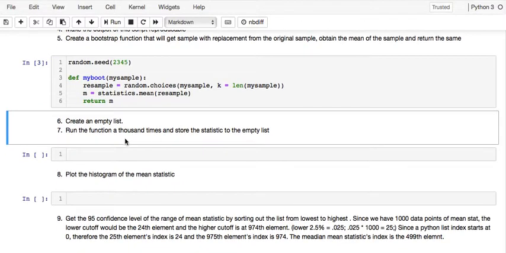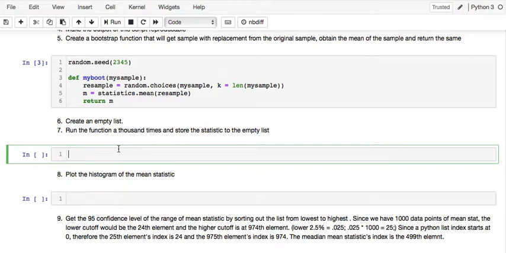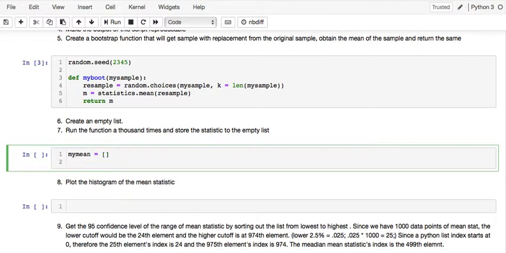Okay. Next, create an empty list. Run the function 1,000 times and store the statistics in the empty list.